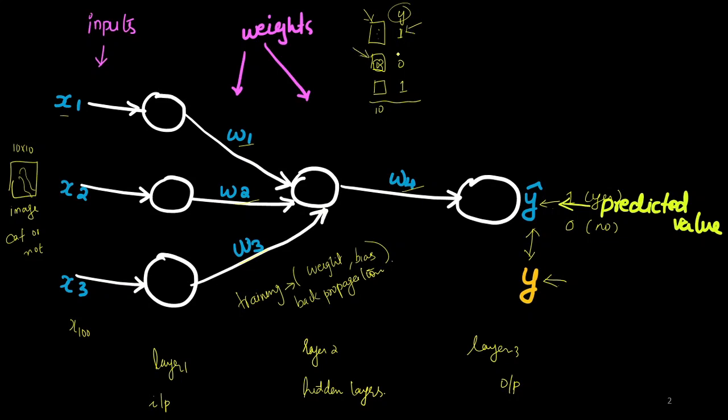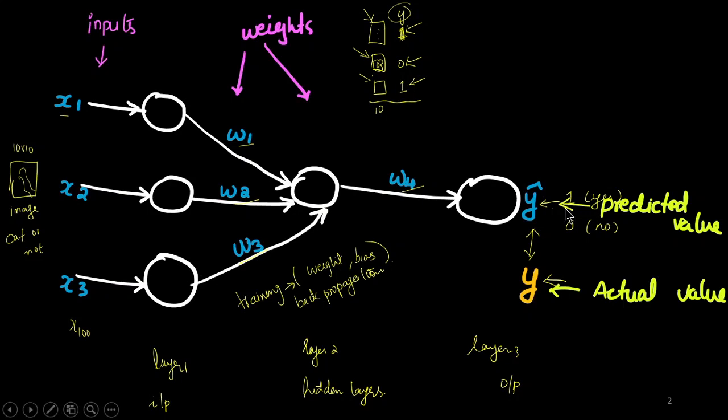If it is not giving 1, what should be done? You have to make changes in these weights and biases to get the output as 1. So y is the actual value or the expected output, and y cap is the output from the network.